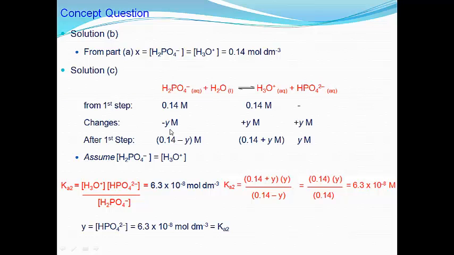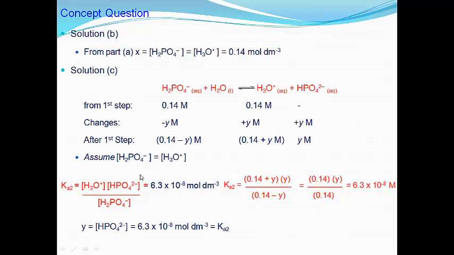Then for the changes that occur, we are going to say that it's Y. So we have minus Y molar, or Y moles ionizing to give us Y moles of H3O plus and Y moles of HPO4 2 minus. After the step, what is left is 0.14 minus Y moles, 0.14 plus Y, and Y moles.